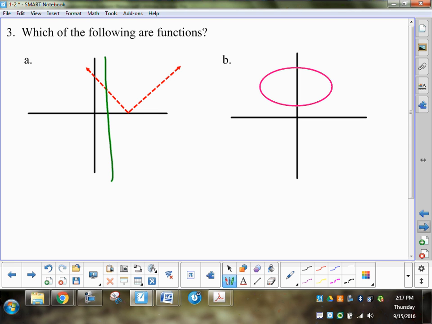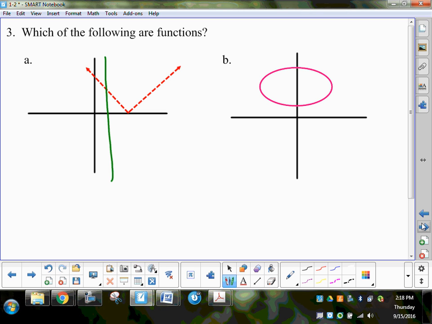The reason that we use the vertical line, that's not a vertical line, but close, that terrible vertical line, when we sketch it out, let's say that this is if x is equal to 2. How many outputs or y values does this graph have when x is equal to 2? How many? 1.